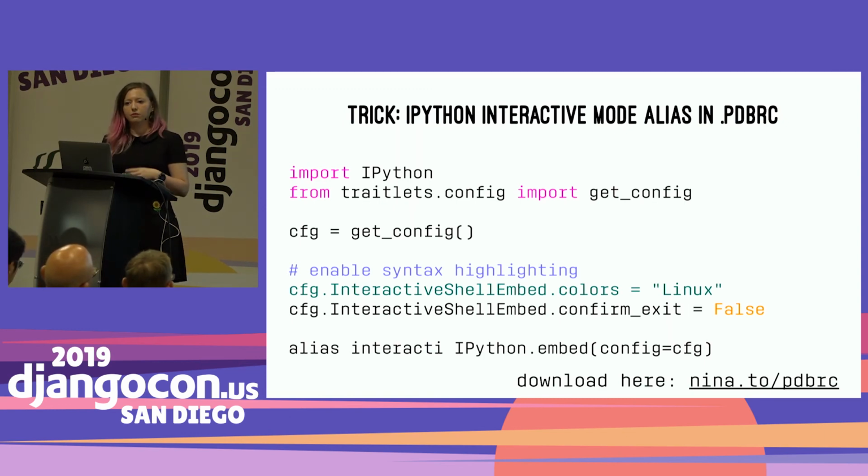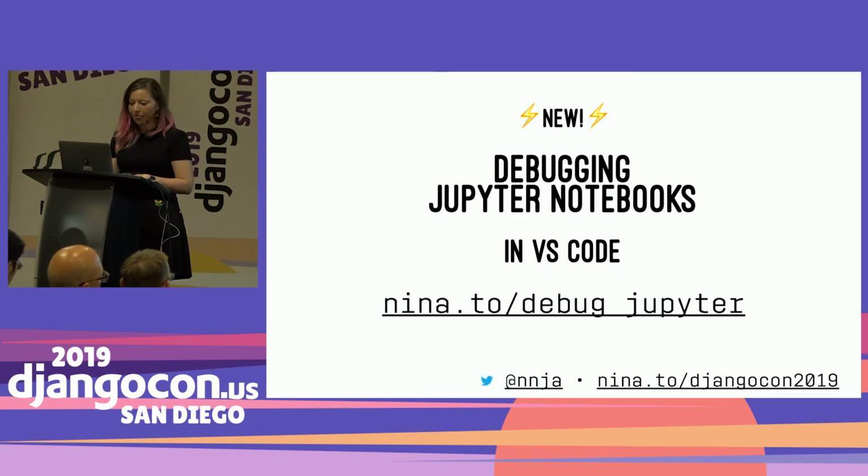There are a lot of handy methods in IPython, like cpaste, which allows you to paste multiple lines of code while retaining indentation. So that is really, really useful. There is a link to download that at nina.to/pdbrc.